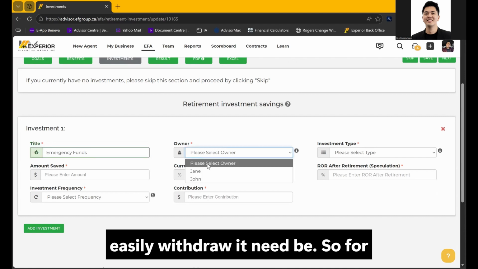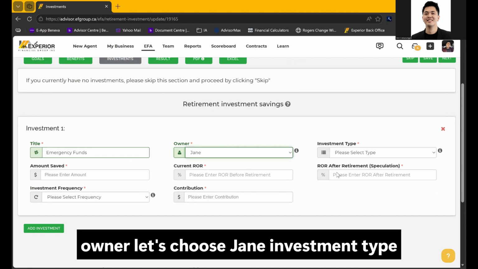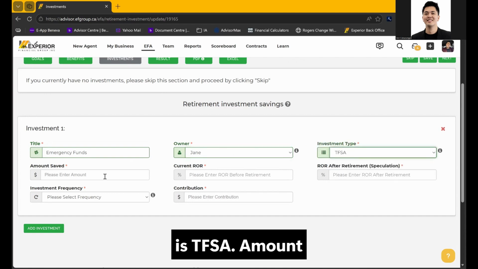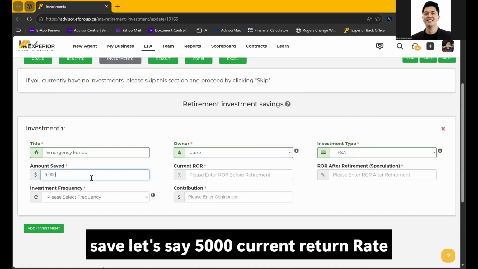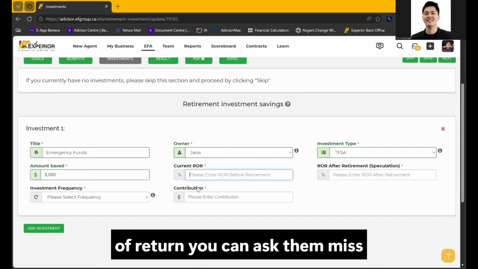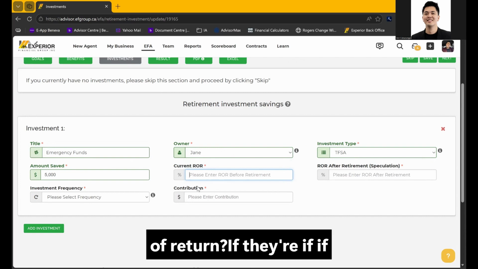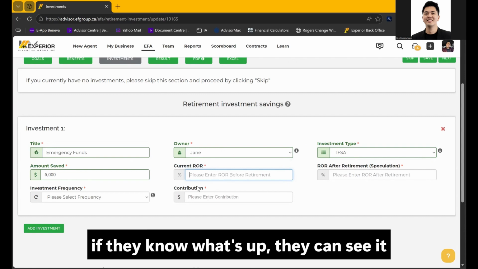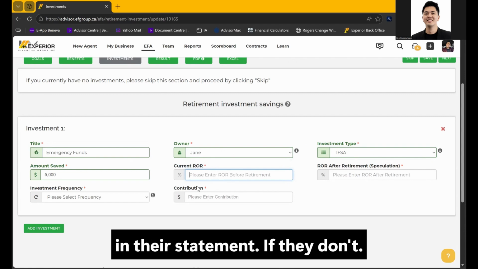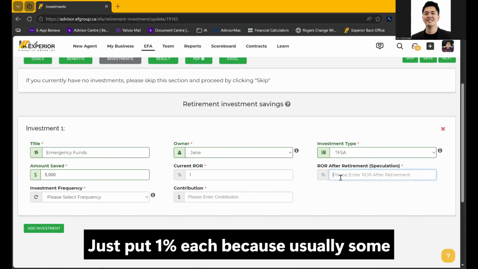So for owner, let's choose Jane. Investment type is TFSA. Amount saved, let's say 5,000. Current rate of return, you can ask them, Ms. Client, do you know your current rate of return? If they know what's up, they can see it in their statement. If they don't, just put 1% each.